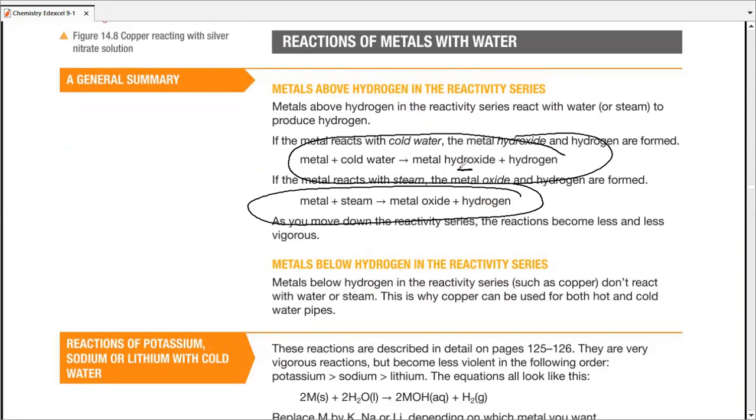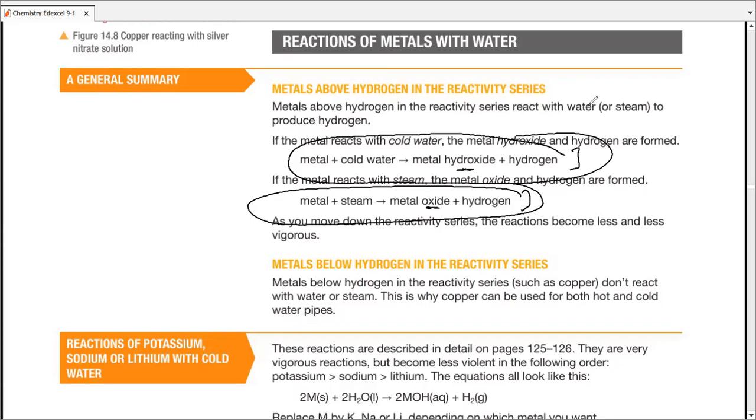Since the equation is different with cold water and steam, asking you to write the balanced chemical equation, along with the state symbols, is the first and foremost kind of question. And that's pretty common in past papers. So I should remember those, right? You should remember these generic ones because this is going to help you form your actual symbol equations. So that's the first thing you need to do.